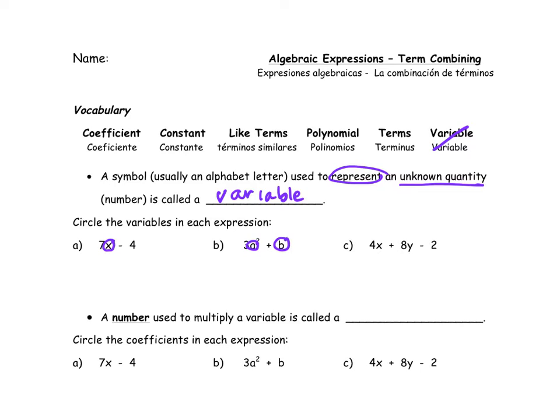Please try C on your own and tell me what the variable or variables you think are. If you said x and y, you're correct. Now let's go on to our next definition.